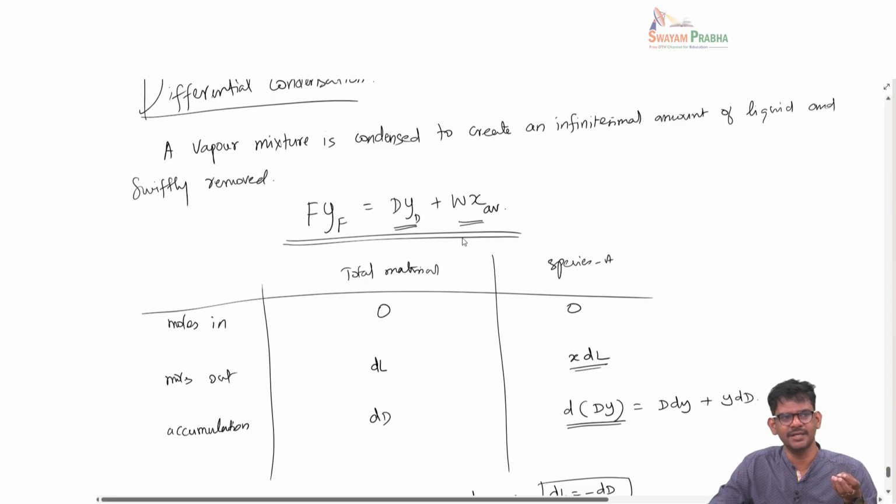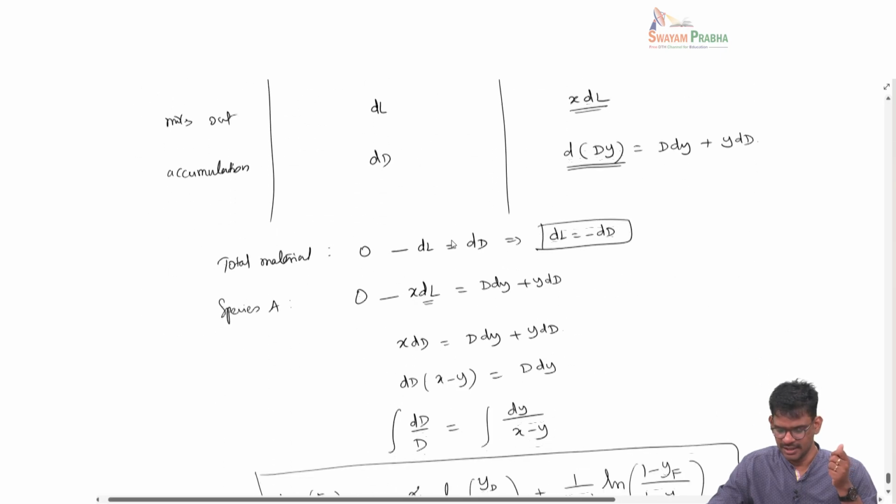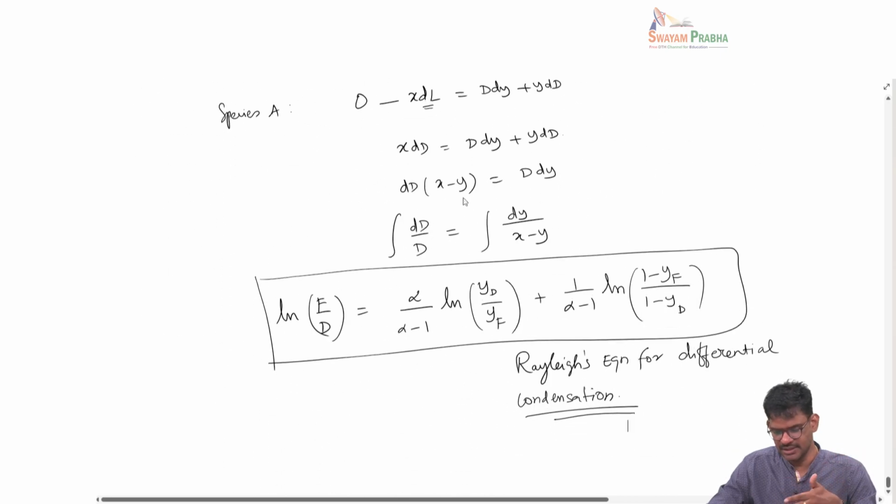Okay, you are collecting a very large number of these condensation steps, and equivalently you can write a set of mass balances, and the approach is the same. You're going to write x as a function of y here. There we wrote y as a function of x. Here the variable is y. So you replace x in terms of y using constant relative volatility, and then continue this integral, and then you'll get a final expression. Okay.